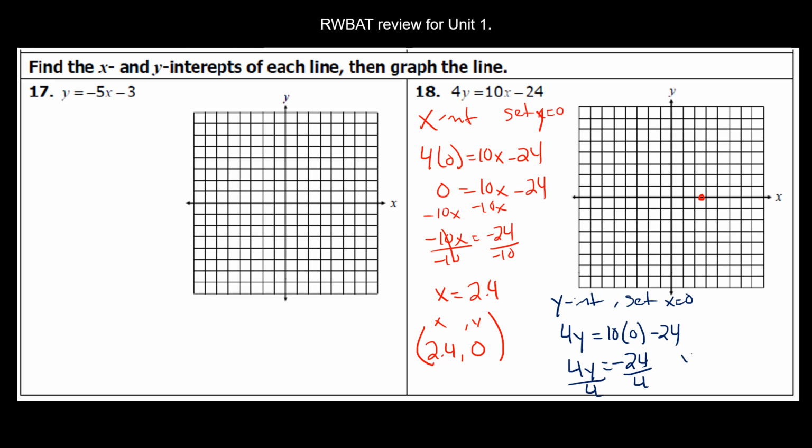So we get that y equals negative 6. So then our point would be at 0, negative 6. So I'm going to start here at 0 and I'm going to go down 6: 1, 2, 3, 4, 5, 6. And then we draw our line.